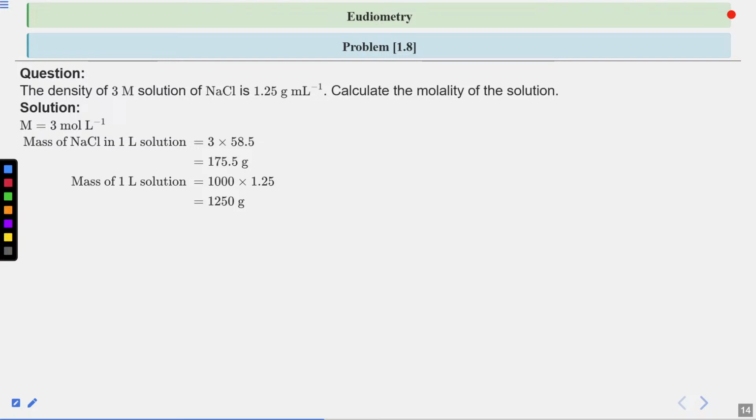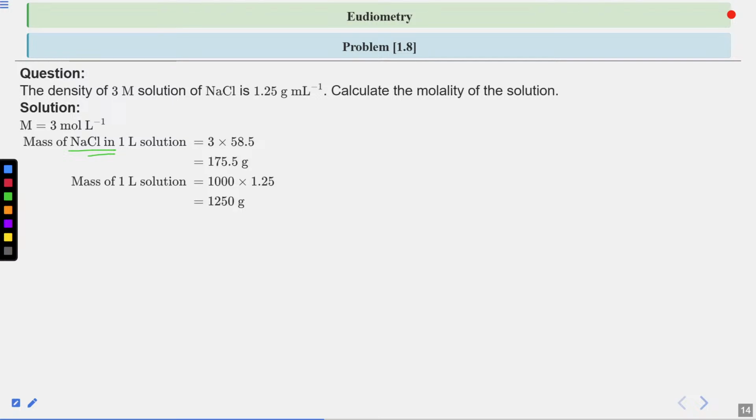If its molarity is 3 mole per liter, it should be 3 moles. Okay, it should be 3 moles. Any issue in this part? So 1 liter of this solution will contain 3 moles of NaCl.